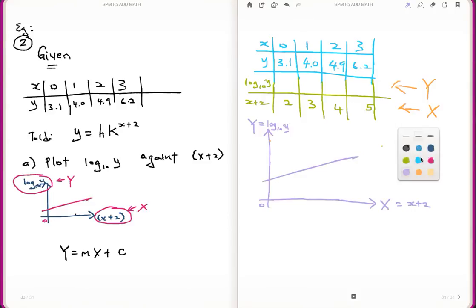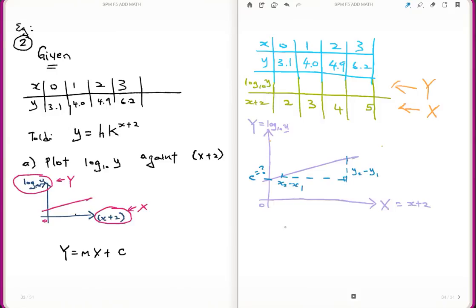Next thing you want to do, based on the practice exercise you have done, you should be able to tell what this c is, read from the graph. We read from your graph. What's c? It should be a value, and then get the gradient. This is my y2 minus y1. You read from this point and this point. This is my x2 minus x1.